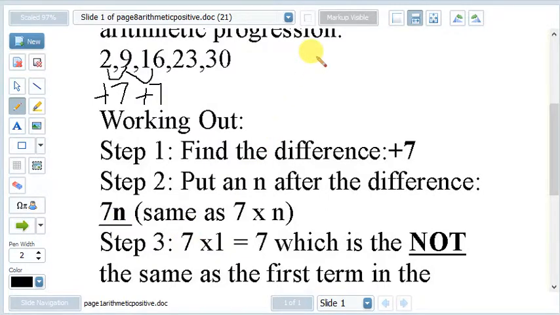Next we choose n for the first term. So we choose our 7n, and then we do 7 times 1, which is when n equals 1. I'll just write that down.